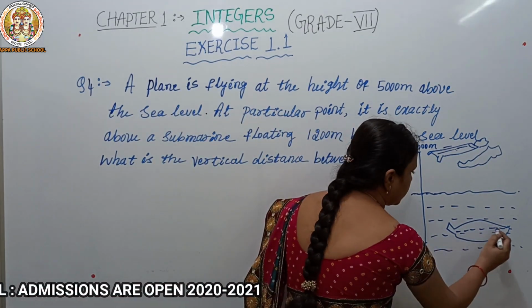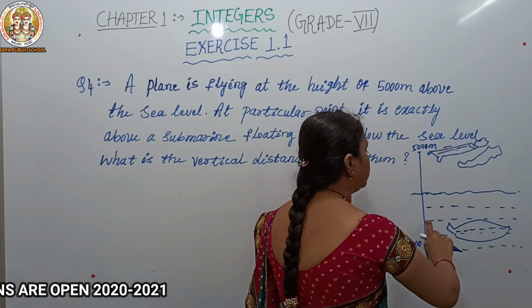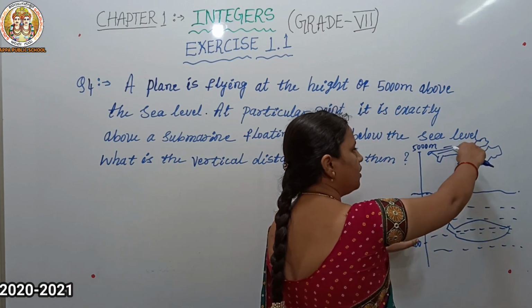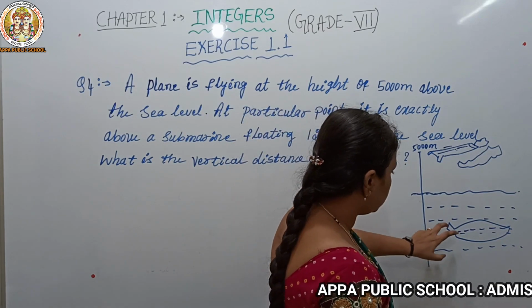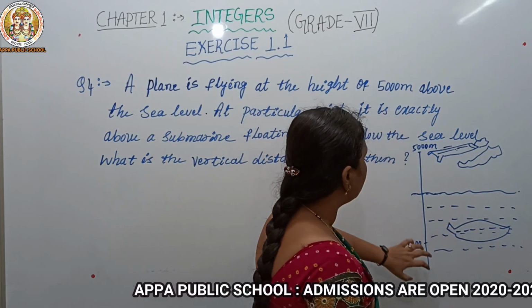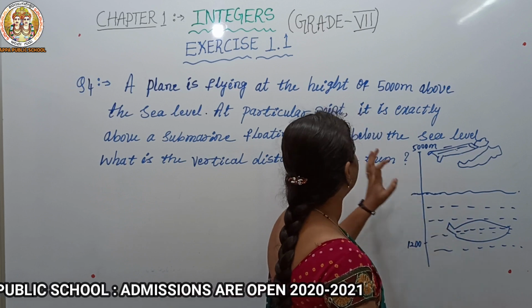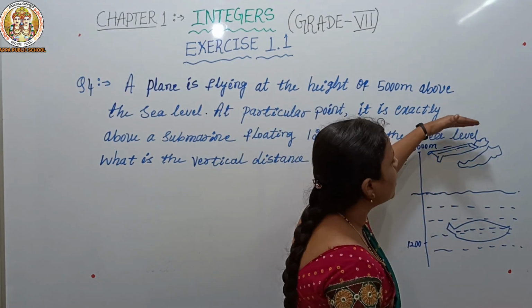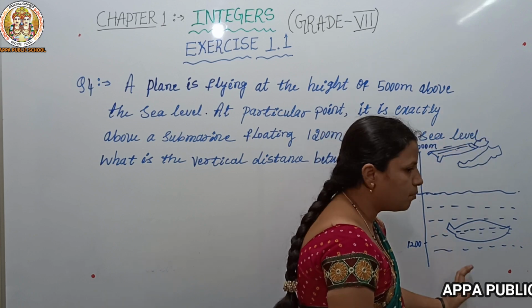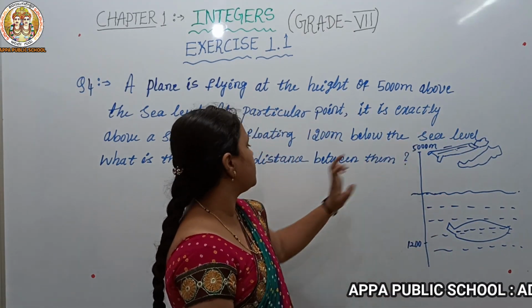This is the submarine. The submarine is 1200 meters below the sea level. The plane is above the sea level and this submarine is below the sea level.